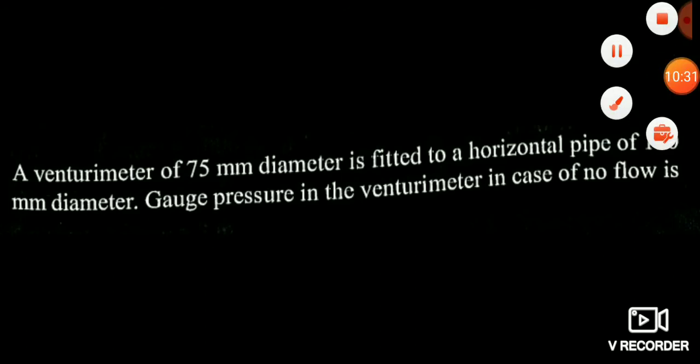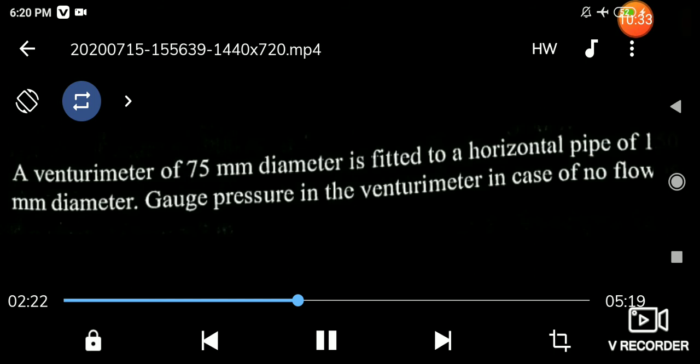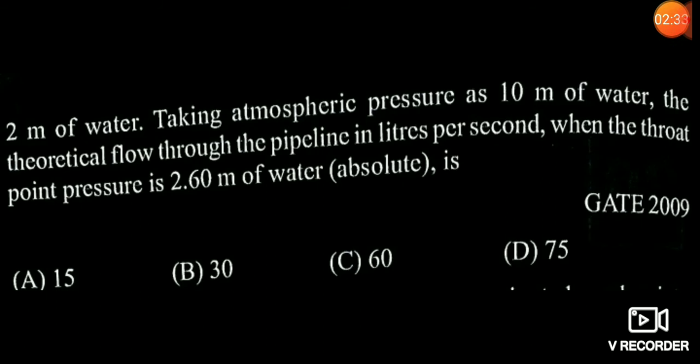Now friends, you see the next question. It is a very important question, and I have told you the concept of Venturi. I have told you one formula for Venturi, and I will show you the application of that formula in this question. A Venturi of 75 mm diameter is fitted to a horizontal pipe of 150 mm diameter, and the gauge pressure in the Venturi in case of no flow is 2 meter of water.